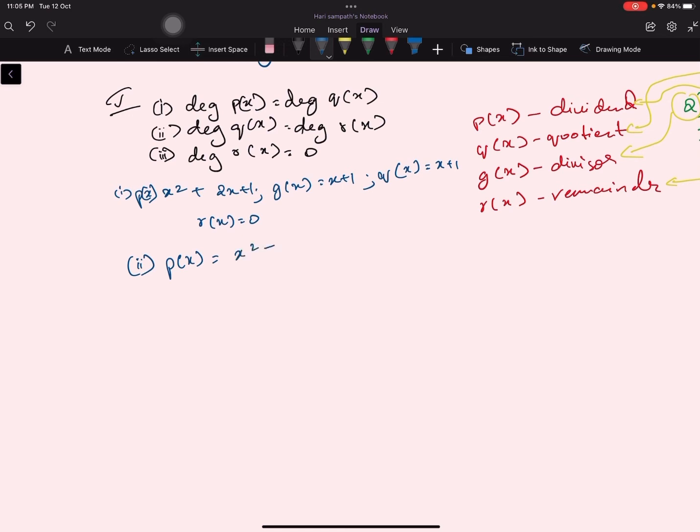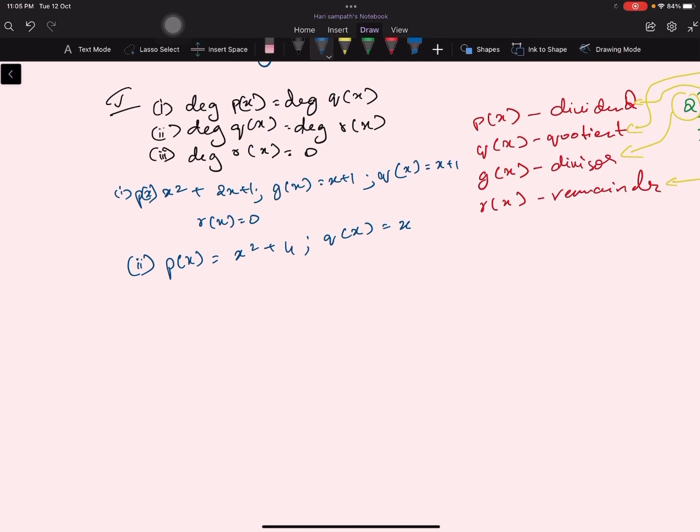Like I can take x square plus 3 and q of x will be x, or I could take maybe x square plus 4. I can take anything.